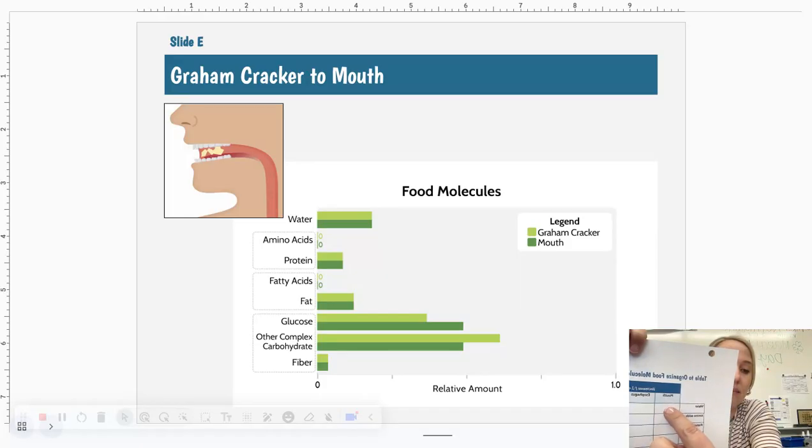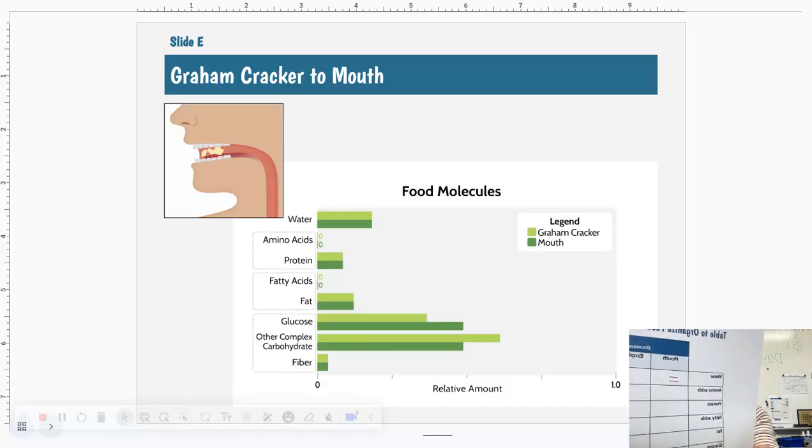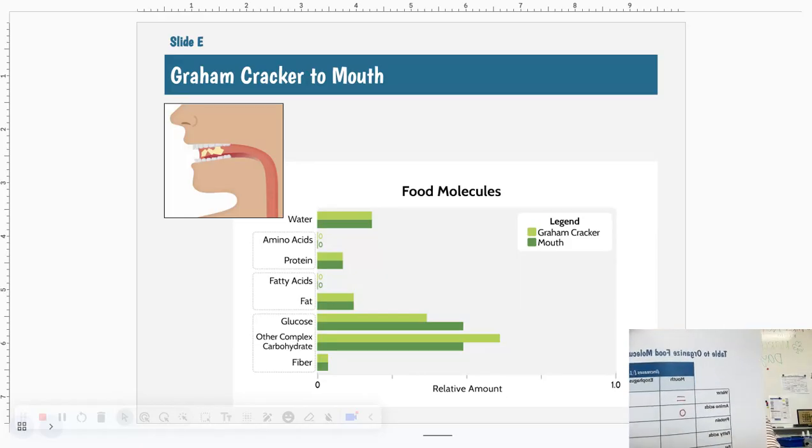Water, mouth. Because those bars are equal, there's been no change. So I'm going to write, you guessed it, an equal sign. How about the next one? Amino acids. Up, down, equal, or 0? You guessed it, 0.